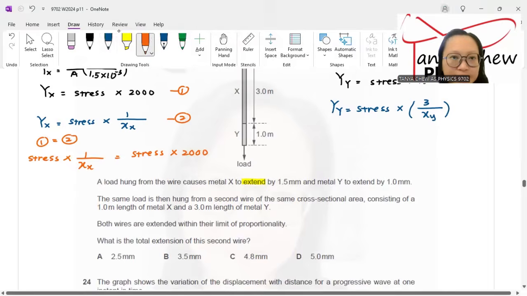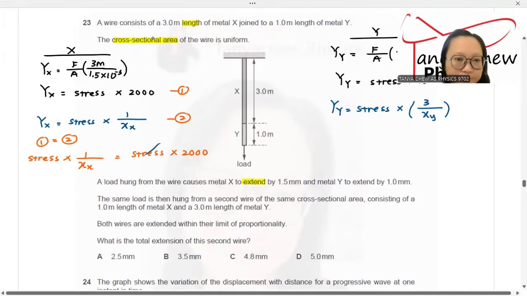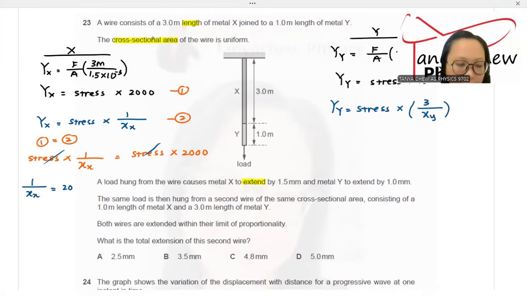Stress and stress, cancel it off. Extension, okay, 1 over extension of X is equal to 2,000. So extension of X would be 1 over 2,000, which is 5 times 10 to the power of -4 meter.